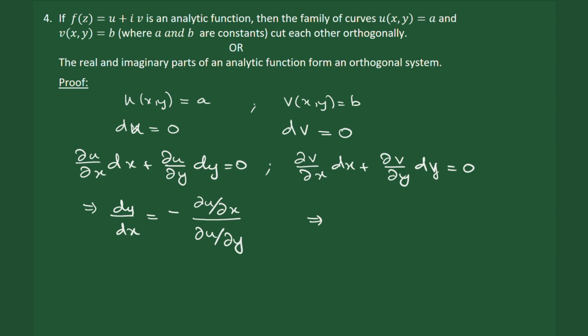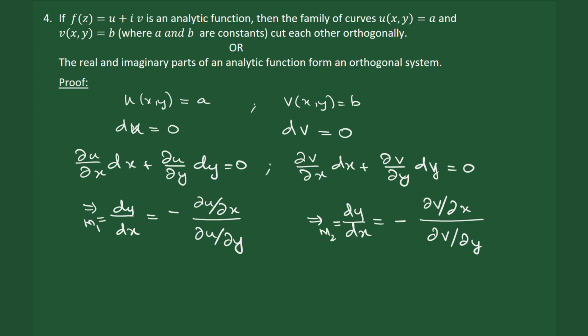Similarly, from the second equation, dy by dx can be written as minus of dou v by dou x divided by dou v by dou y. Generally dy by dx is represented as the slope, so we write this as m1 and this as m2.